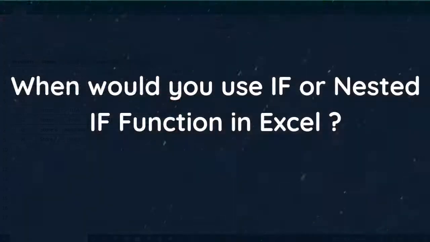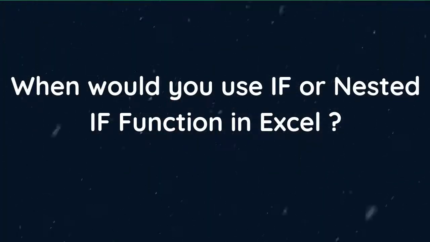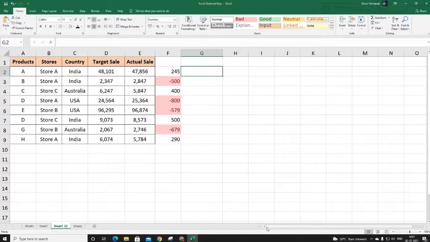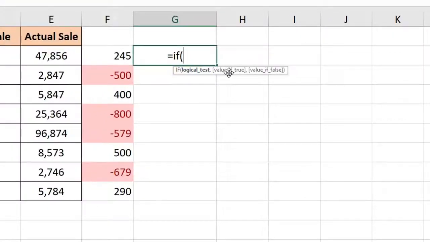Question number 5. When would you use if or nested if function? So this is how you can answer. If function is one of the most popular functions in Excel. It allows you to make logical comparisons between a value and what you expect. So it includes a test and 2 outcomes. So you can see the syntax. The arguments are, you will go for the logical test, and then there are 2 outcomes.